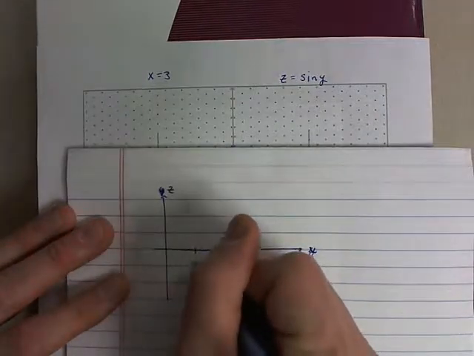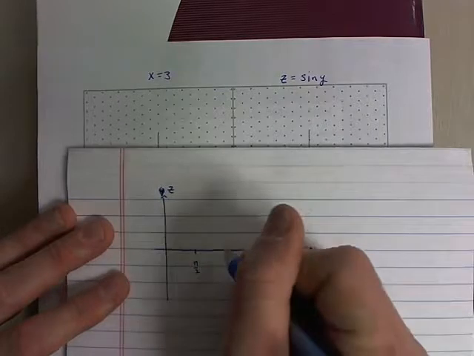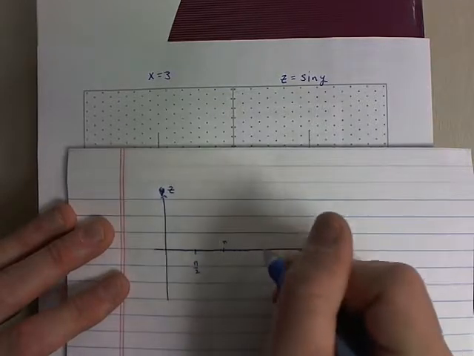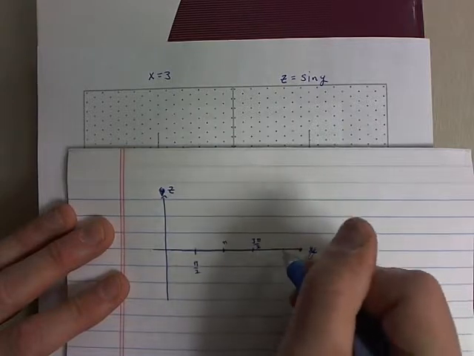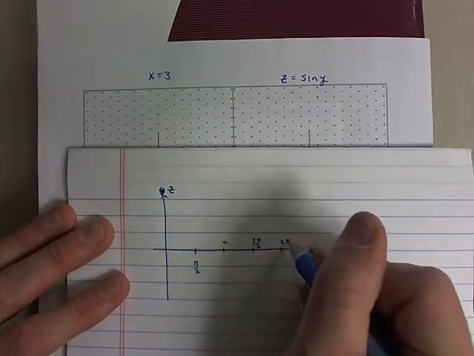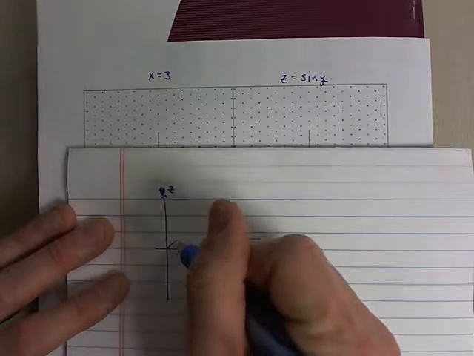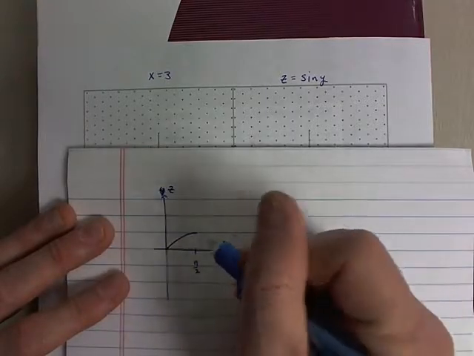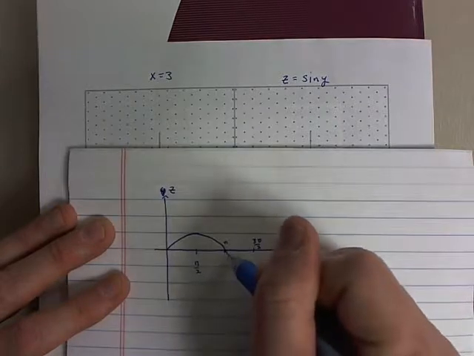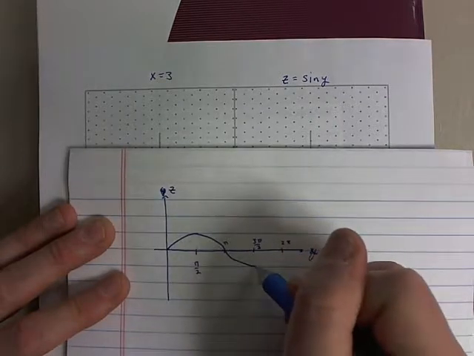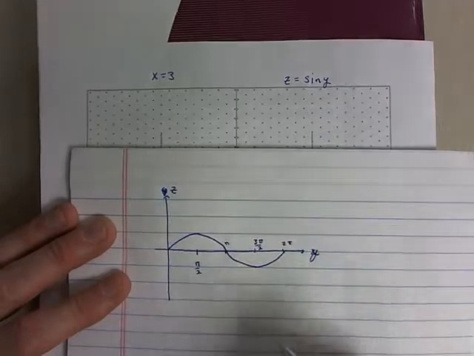Now here is pi over 2. Here's pi. Here's 3 pi over 2. And here's 2 pi. Now remember what this graph looks like. It goes up, hits a maximum here at pi over 2, crosses the axis at pi, has a minimum at 3 pi over 2, and then hits 2 pi again.